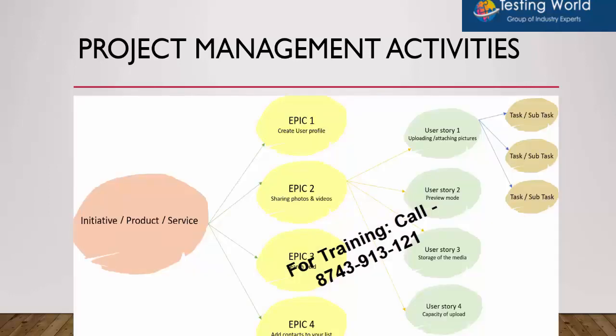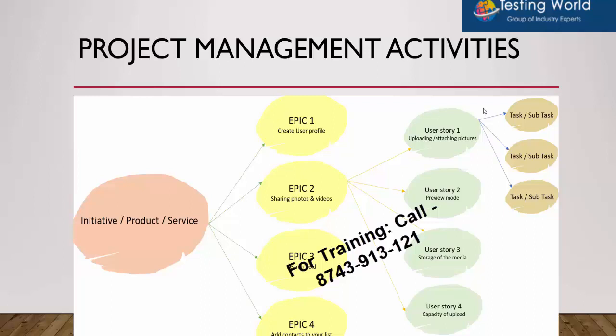But before that, just remember this architecture, which is the architecture of Agile. Agile says whenever you want to work on a project, this would be the architecture. We can have a product or service or initiative. In that we can have multiple epics. I'll explain epics later, but for now you can understand an epic as a feature which has a lot of tasks to do.